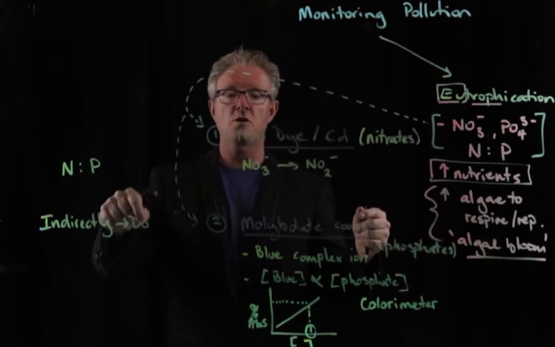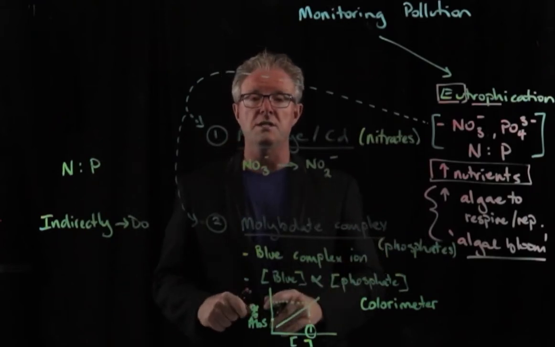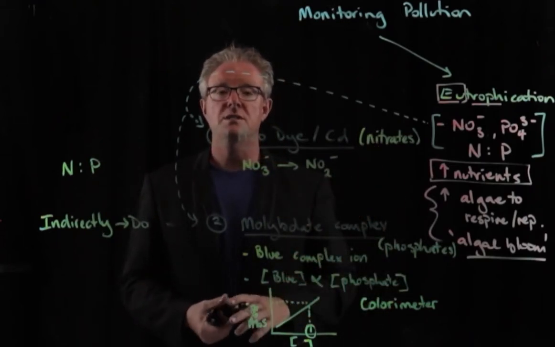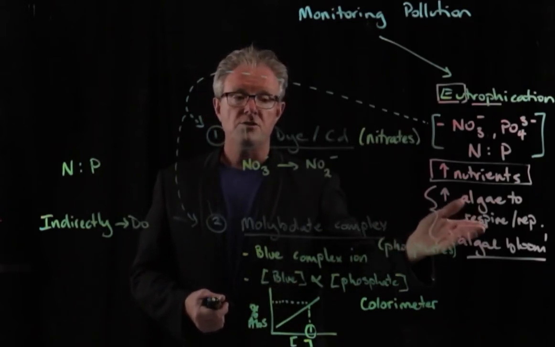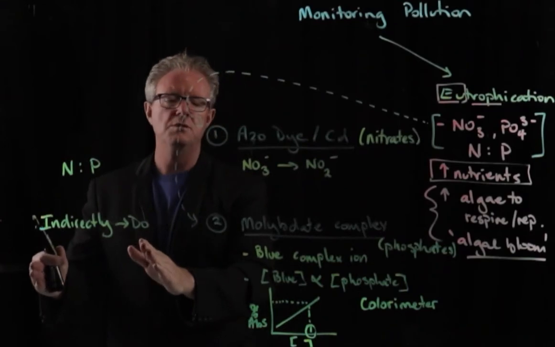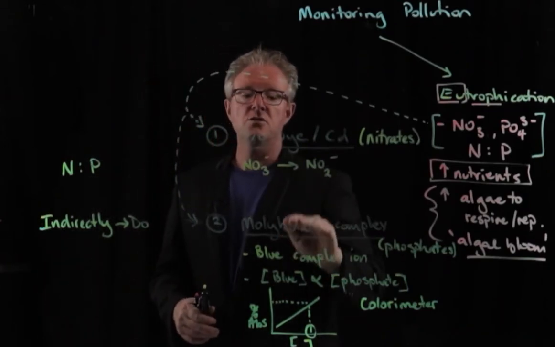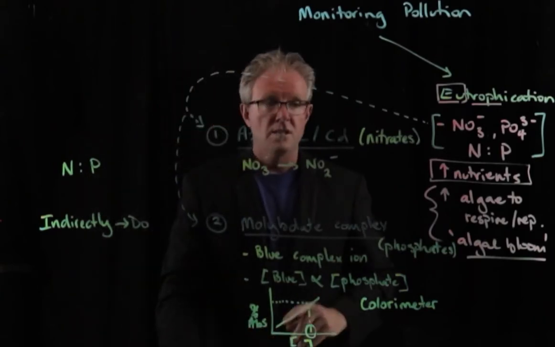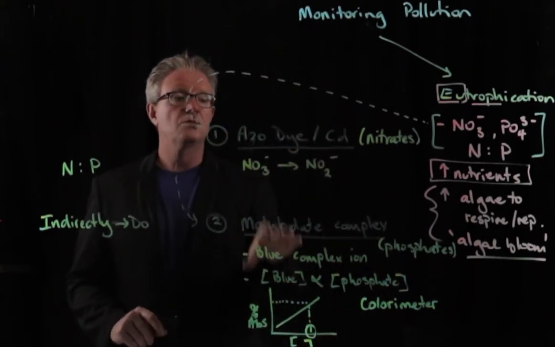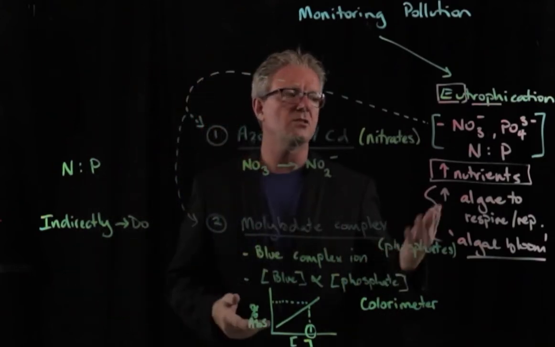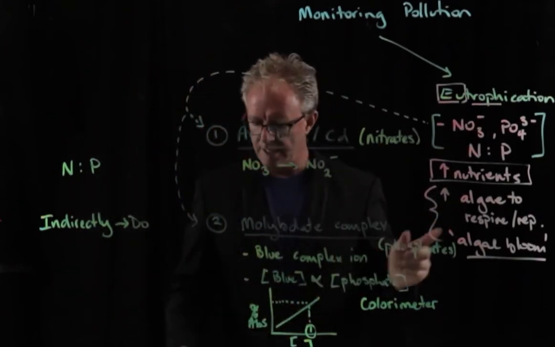So if dissolved oxygen is dropping, something must be causing that, and therefore we have an increase in algae, and that's due to an increase in these two. That's an indirect measurement, not as precise as these two, because these two will actually give you a nitrogen to phosphate ratio. So that's how we monitor those two ions and the ramifications of that in terms of eutrophication.